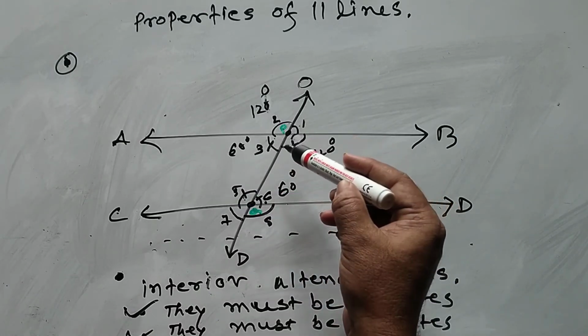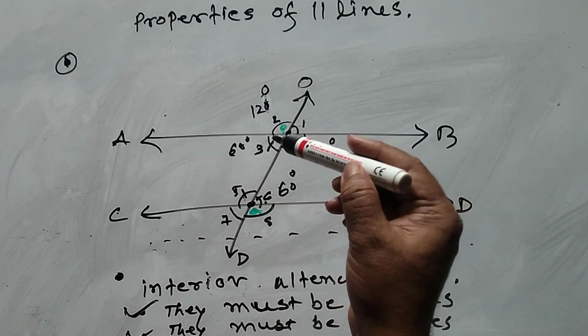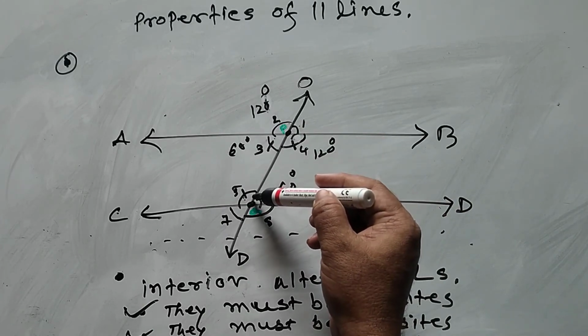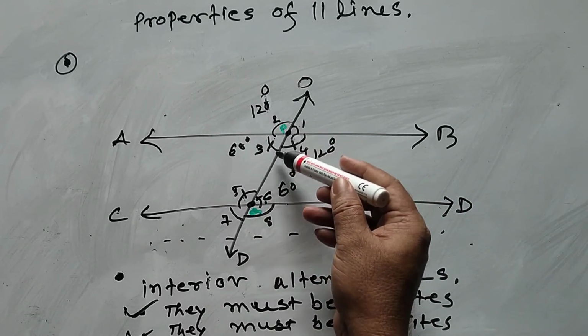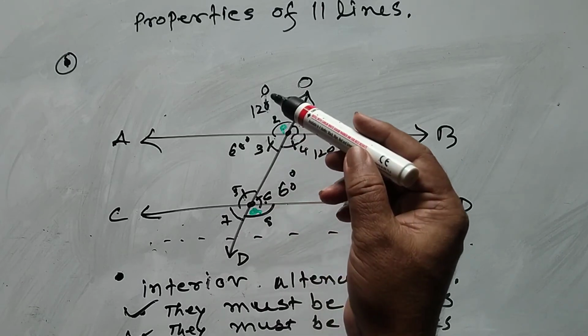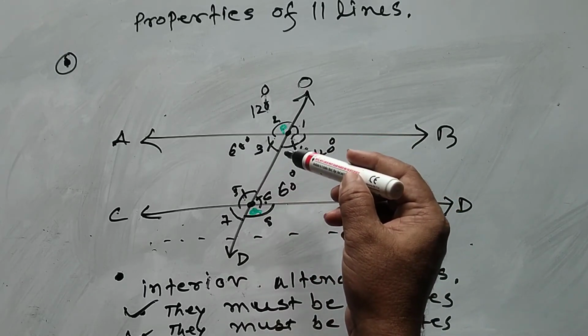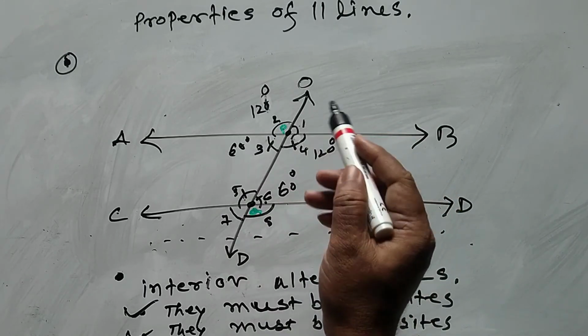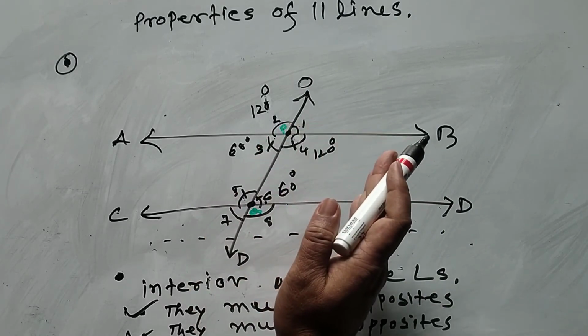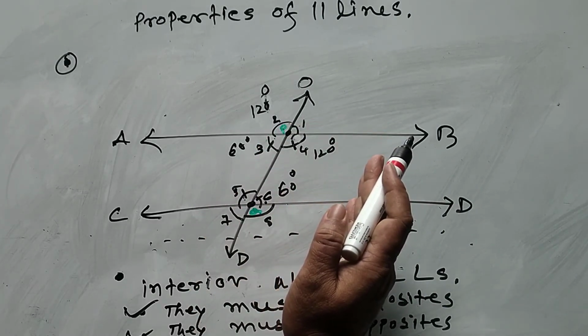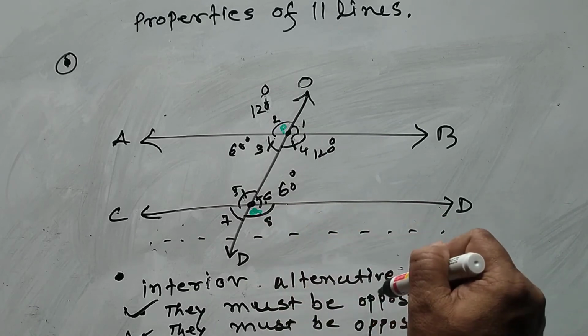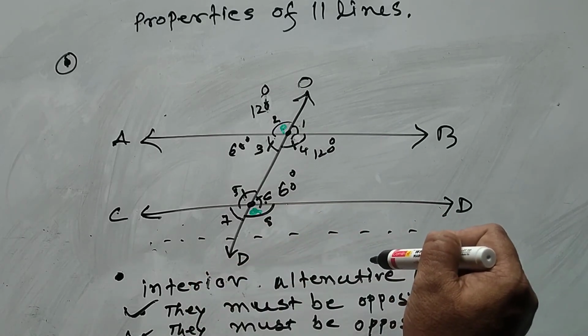The interior angles are the angles formed between the two parallel lines on one side of the transversal, not like alternate interior angles.